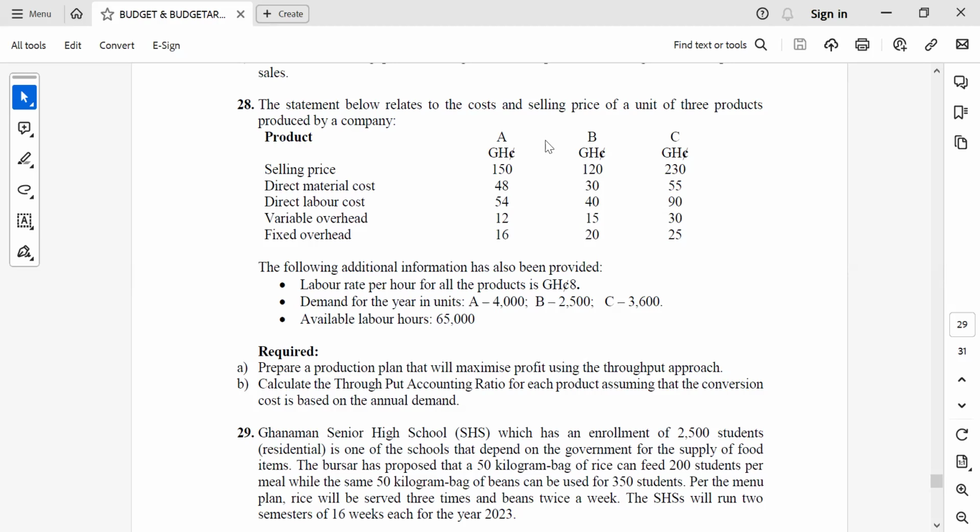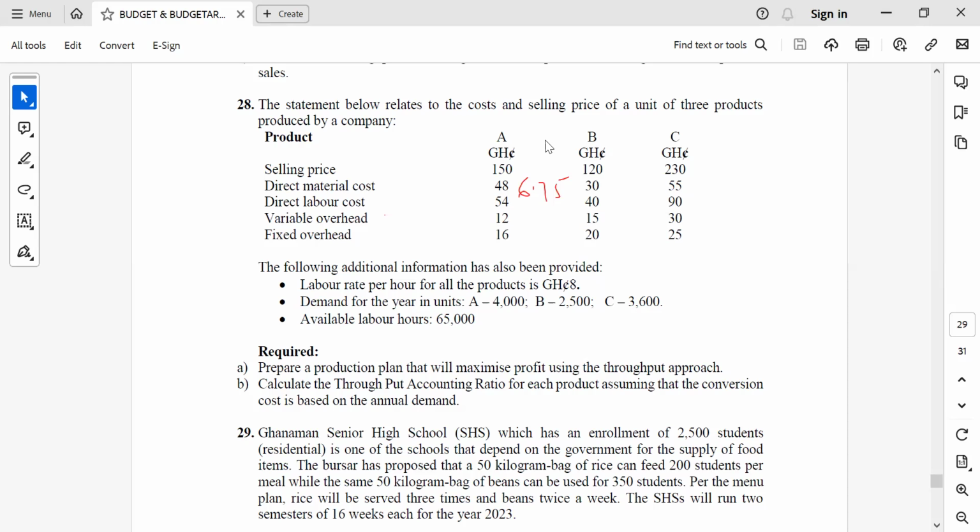So how many hours are we using before we are getting 54 for A? 54 divided by 8 is 6.75.